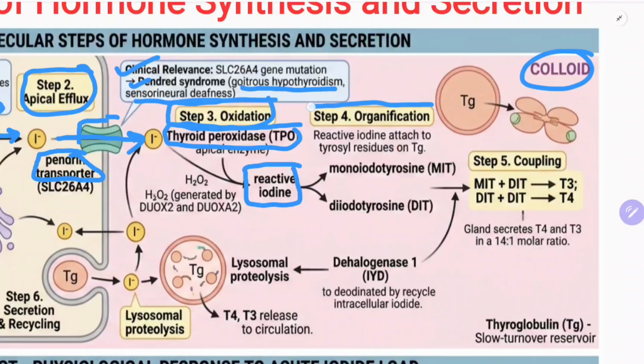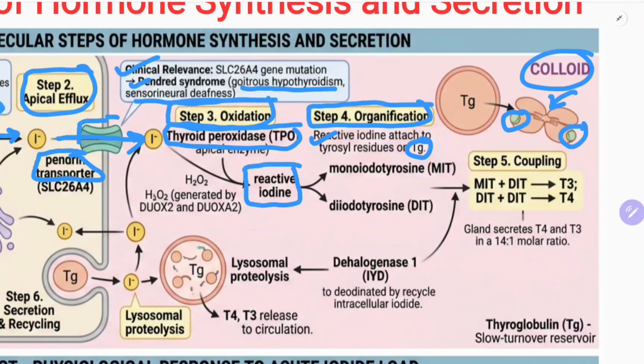The next step is organification. This reactive iodine will attach to the thyroglobulin. For example, this is the thyroglobulin protein and this is the reactive iodine getting attached to it.